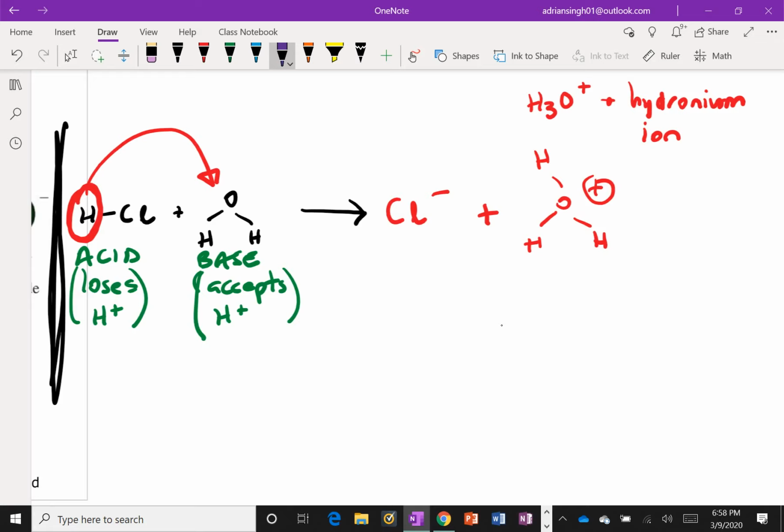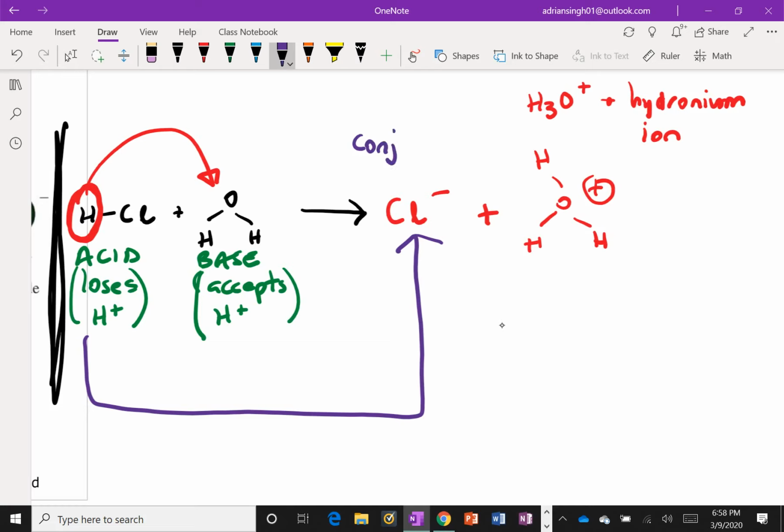And the Cl forms when the HCl loses an H plus. So we call the Cl minus the conjugate base of HCl. It's related to the HCl just by the loss of a single proton. That's the only difference between the acid and its conjugate base.